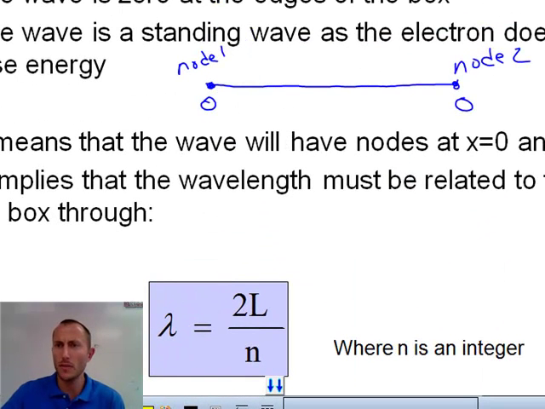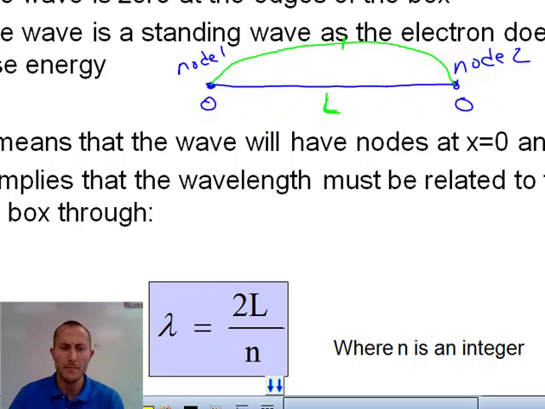And basically what it means is that the electron can have specific discrete wavelengths, the smallest of which is equal to twice the length of our box, because the smallest amount of a wave that could fit in this box and meet these parameters is a half a wavelength. That would give us a node at either end and what we call an antinode in the middle. And so this right here is half a wavelength. A full wavelength would be twice the length of our so-called box.